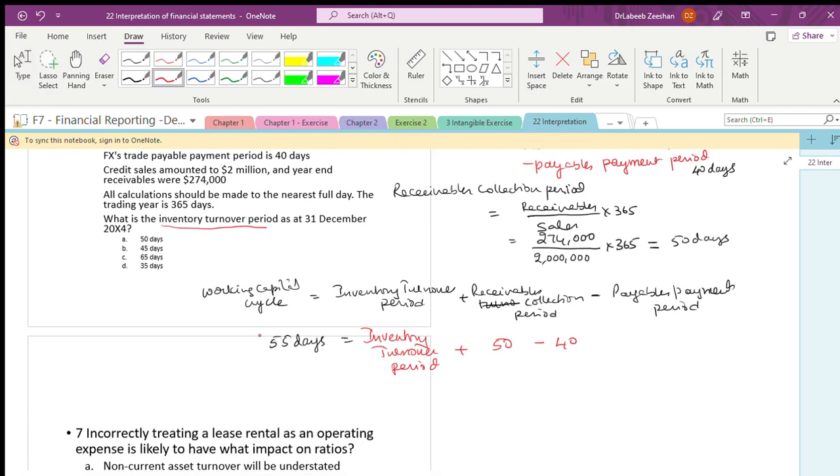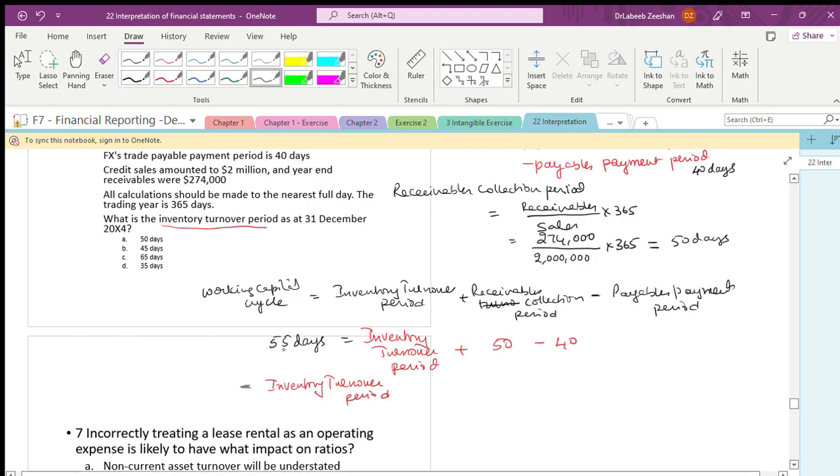Take inventory turnover period to the left hand side. If you take it to the left hand side, the sign will change. Equal to 50 minus 40, which comes on the right hand side, minus 55. 50 minus 40 minus 55 is minus 45.